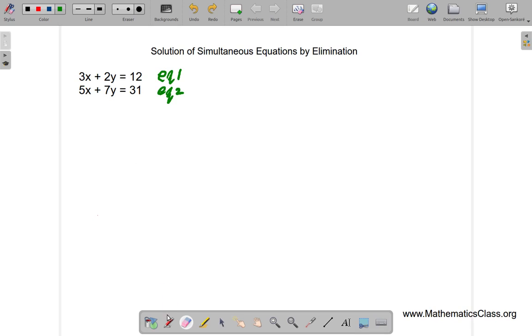Let's try doing it by subtracting equation 2 from equation 1 now. So equation 1 minus equation 2: 2y minus 7y gives us negative 5y.